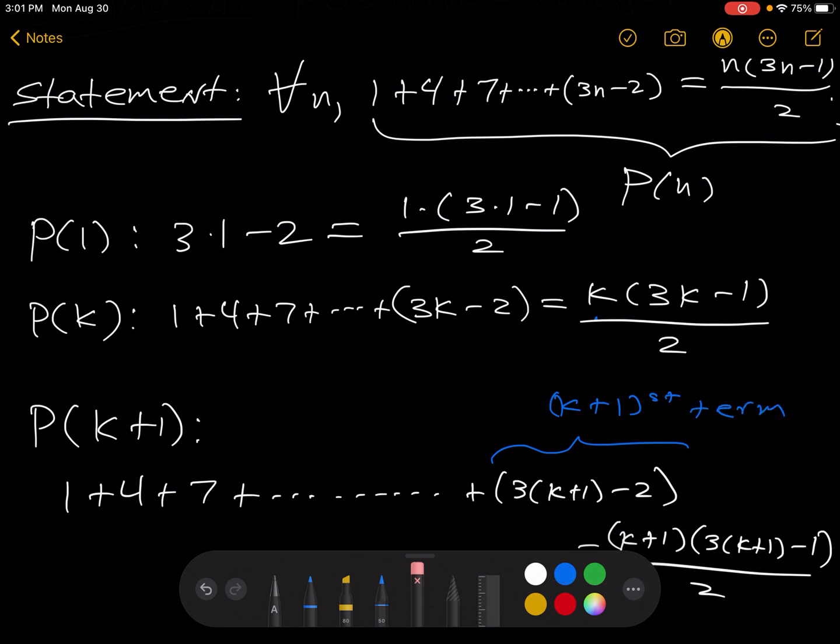So what's the thing that comes right before the k plus first term? Is the kth term. What comes before k plus 1 is k plus 1 minus 1. K plus 1 minus 1 is k. So it's the kth term, or 3k minus 2. This is the kth term.